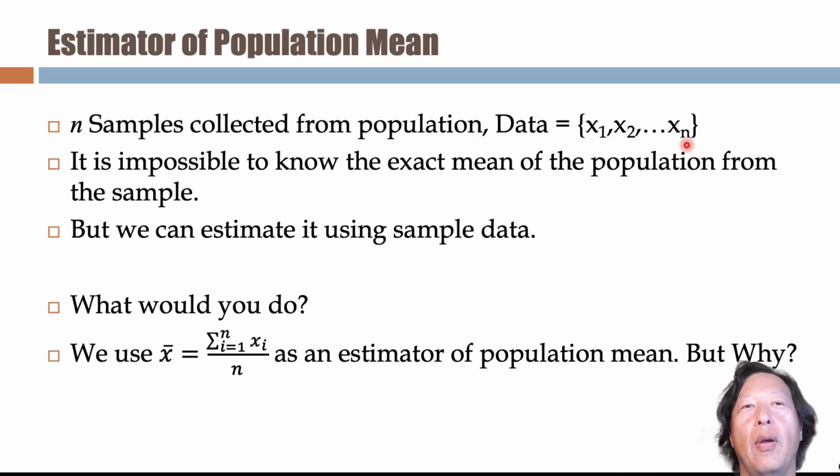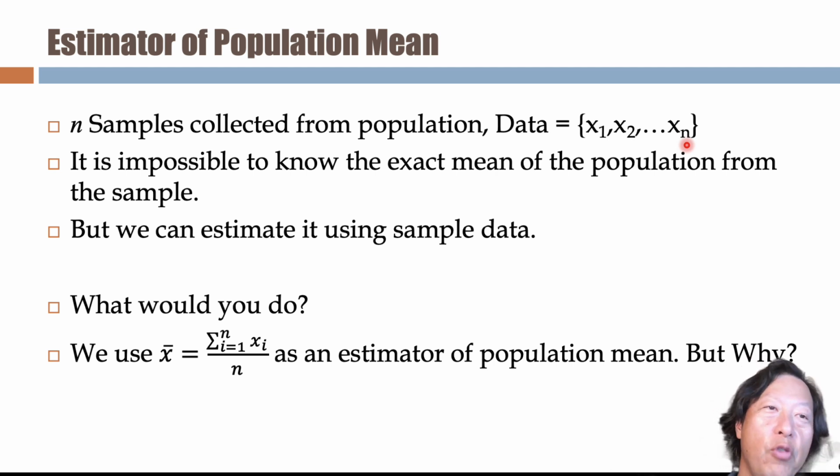That's pretty straightforward common sense, but why is that the right way? Can you say the sample mean is the same as the population mean? Intuitively that's true, but why? That's what we are trying to find out.